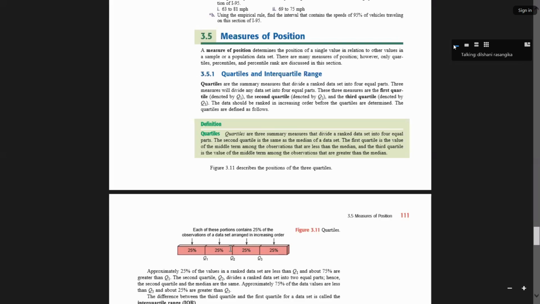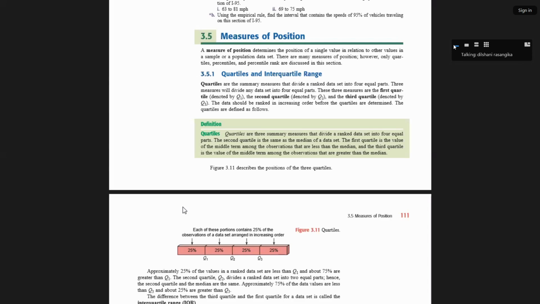So when we separate the first half of the data set and again take the middle data of that half, then we can call it Q1, or else we can calculate it by dividing the data set by 4 and taking one portion. That means we can calculate the position.